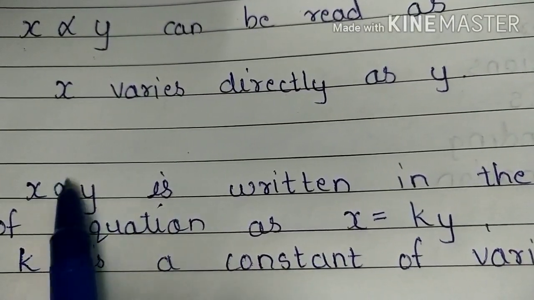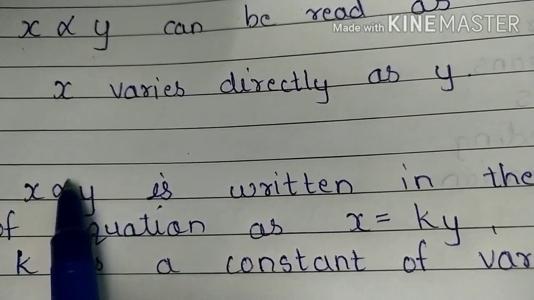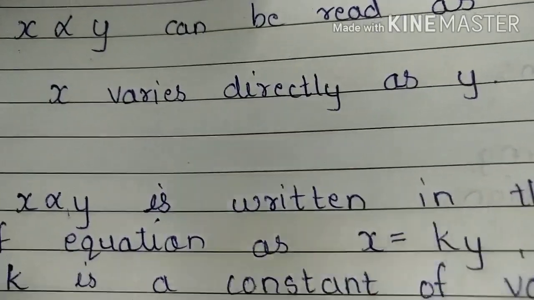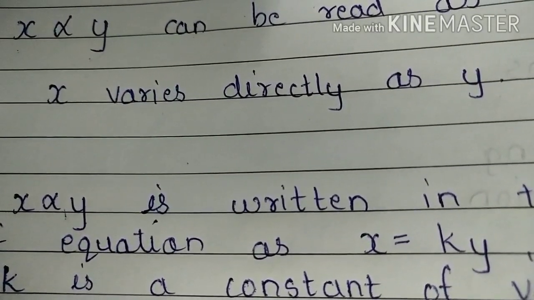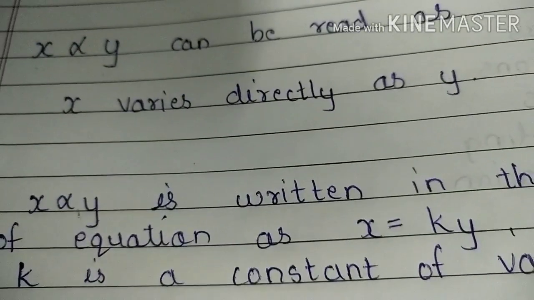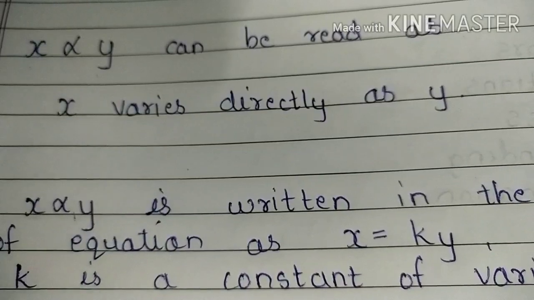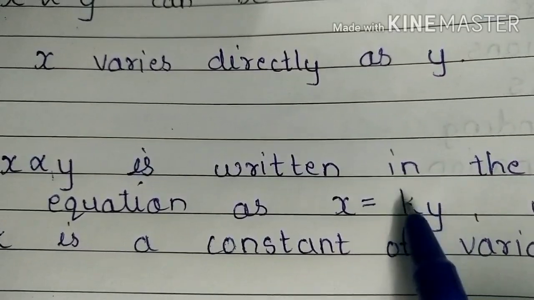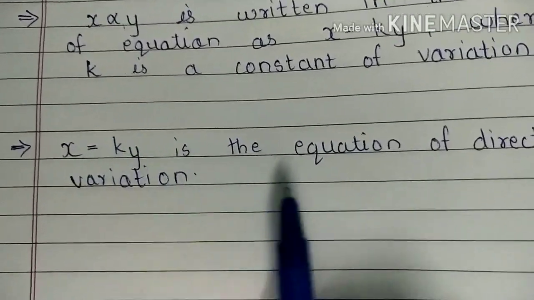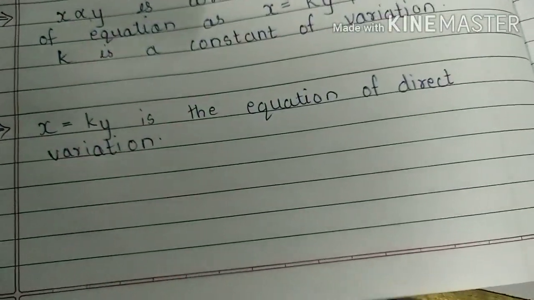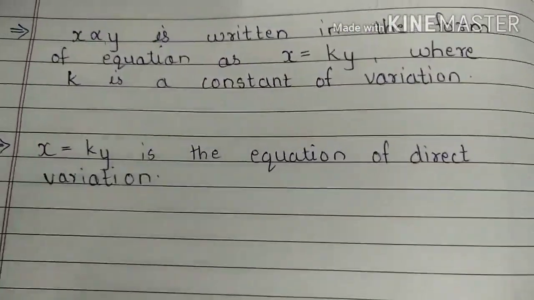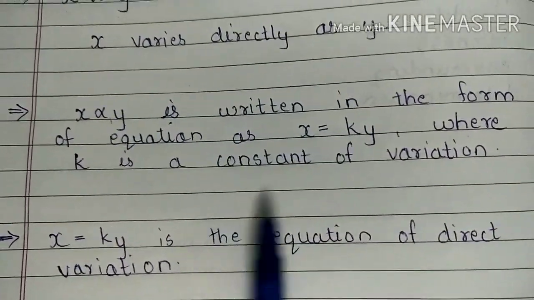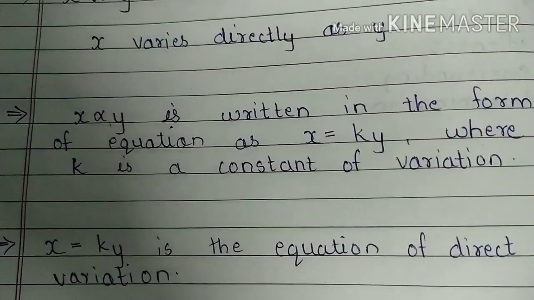So in place of this variation sign, we remove the sign and it is substituted by is equal to and a constant k. x is equal to ky is the equation of direct variation. Hope you have understood how to write the direct variation, how to read it, and what the equation is, x is equal to ky.